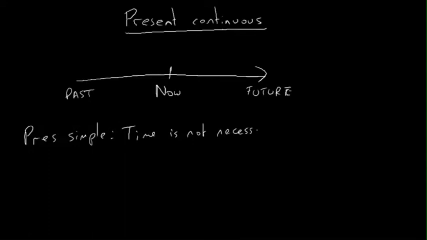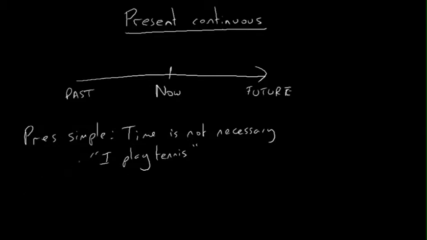So when we said last time, for example, I play tennis, we're talking about something that happens in general. It's not on our line here. It's something that's in the past, in the present, in the future. It's a fact. It's something that just happens in general.